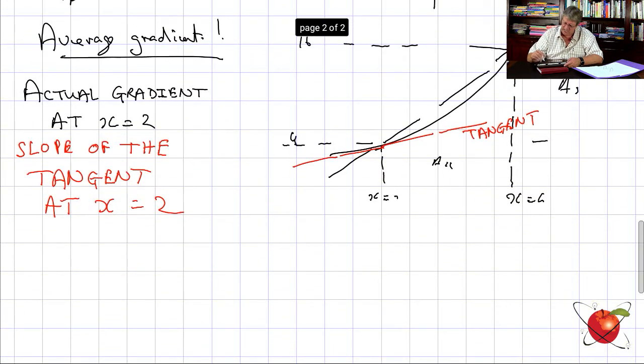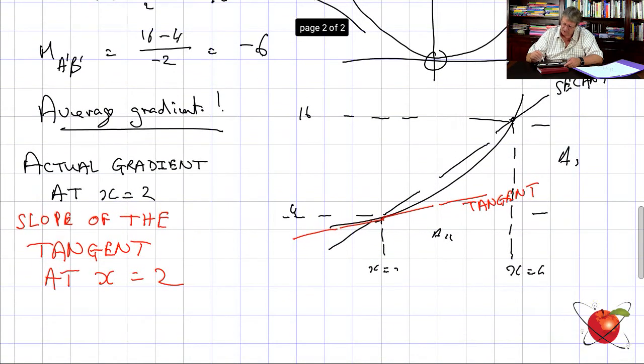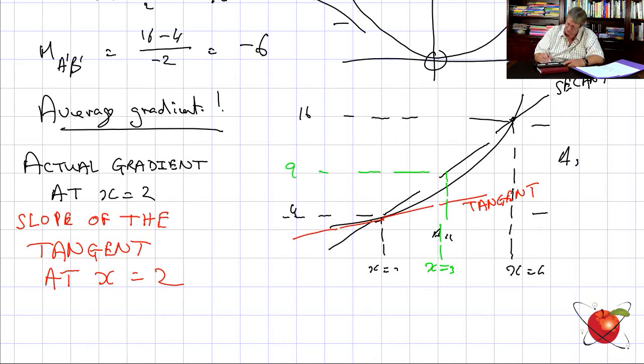Now, we have a bit of an issue because we've got to find some way of working that out. So obviously, I could say, all right, let us now put in, let me change to green, for example, x equals 3. Therefore, that's going to be 9.